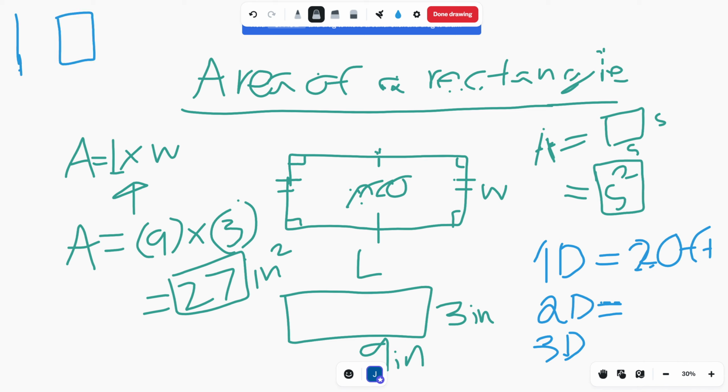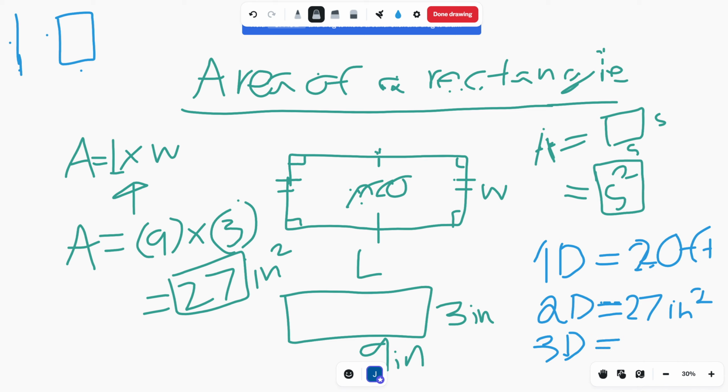That is what makes something squared, because we're considering two sides, and we only have one side for one dimension. So if I were to ask what is the area of the rectangle, we got 27 inches squared. Now this can be inches squared, feet squared, yards squared. Whenever we're trying to find the area of something, we always square our measurement.